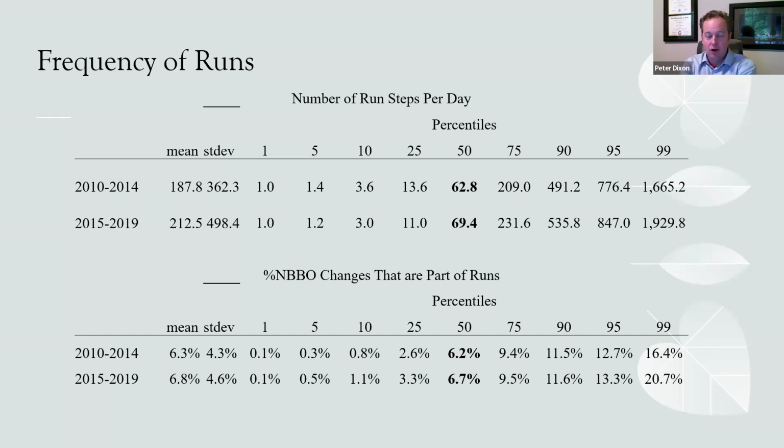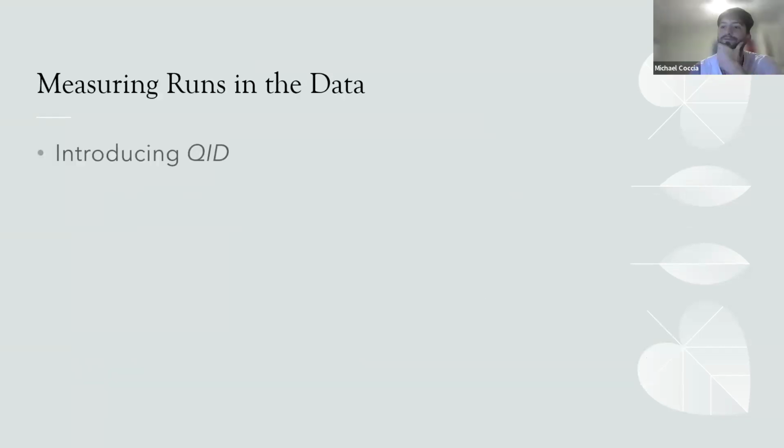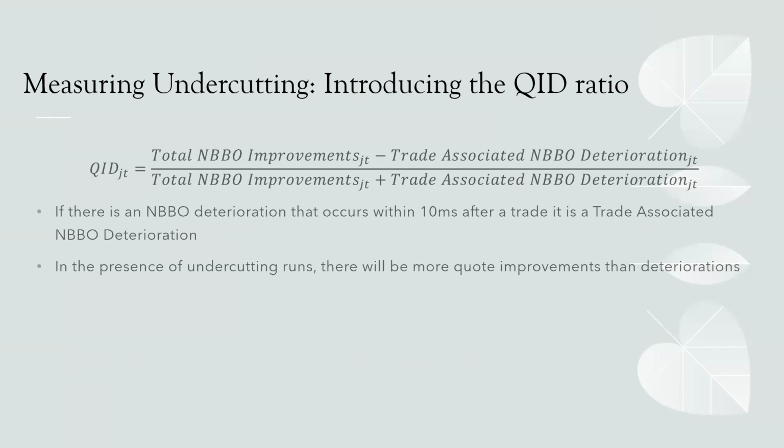Stocks with higher trading volume are likely to have more runs. Stocks with wider spreads are likely to have more runs. Stocks with a lot of less informed trading. I think Yashar and I could take a look at it. We could probably throw an extra table or two of descriptive statistics up here that could answer a number of these questions. But that's kind of what I got for you there. Thank you. Okay, let's keep moving forward.